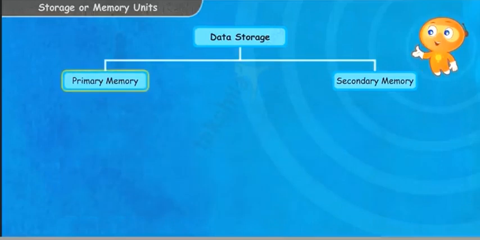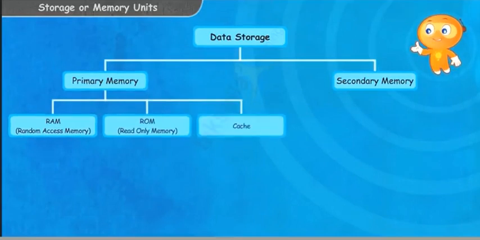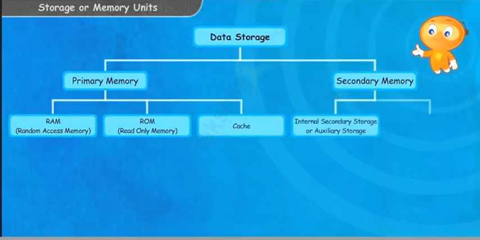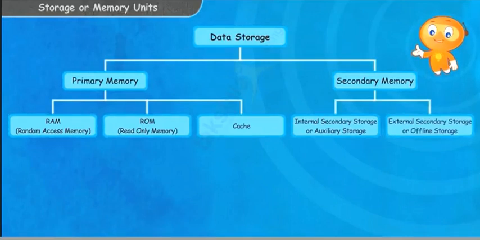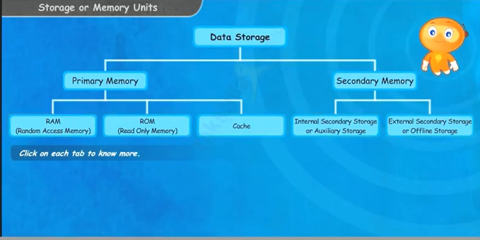Primary memory is further classified into RAM, ROM, and cache. Secondary storage, or memory, is further classified into internal storage and external, or offline storage. Click on each tab to know more.